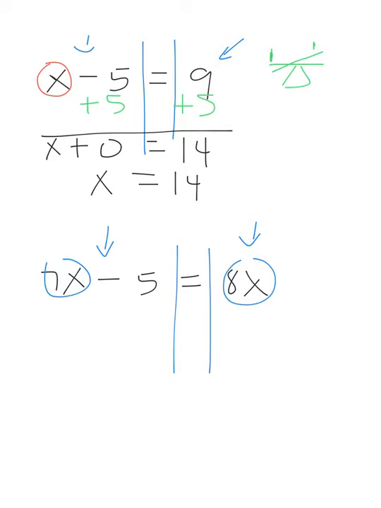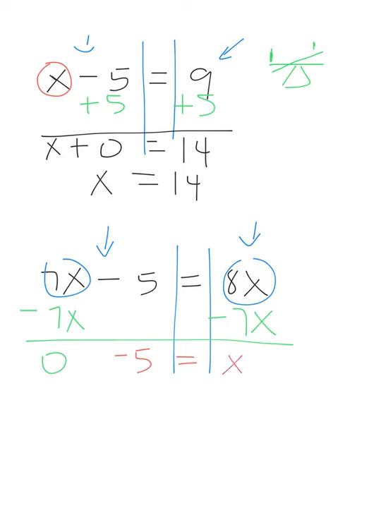In figuring out what to do, you want to say, well, I have a number here, and I know that I need to put all the variables on one side and the numbers on the other. So I'm going to go ahead and subtract 7x, because 7x minus 7x gives you nothing. And you're left with negative 5 equals 8x minus 7x, which is x.